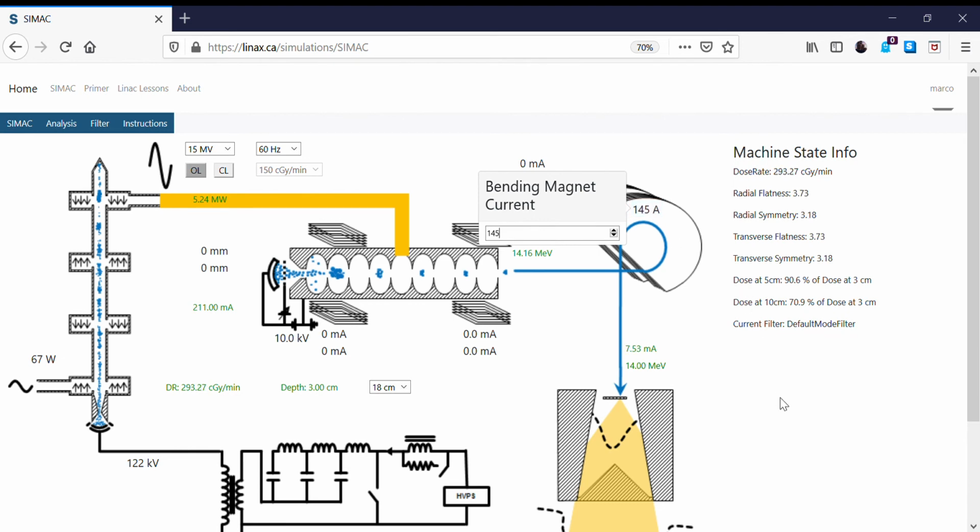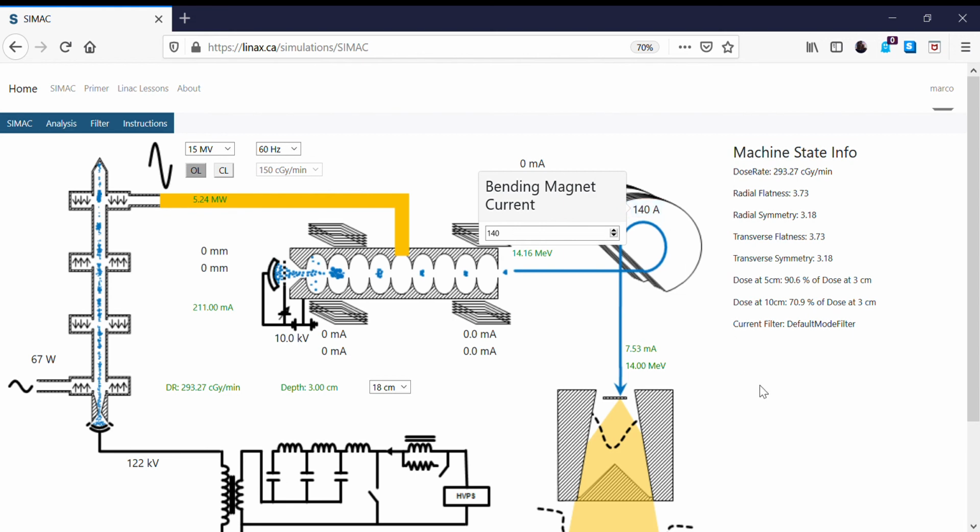So now we have a pass-through energy of 14. We have a dose rate of 293 centigray per minute. But now we see that the energy of the electrons getting to the target is lower than the accelerator electron energy, and so if we keep on decreasing the bending magnet current, we'll have a decrease in dose rate, because now we're looking for an even lower energy to go through the bending magnet.